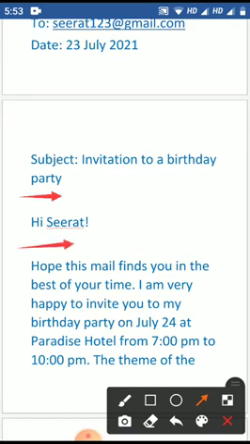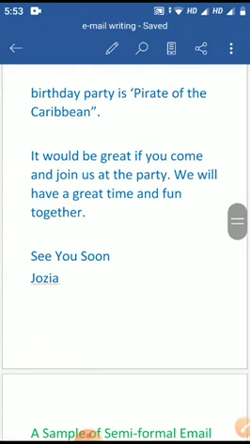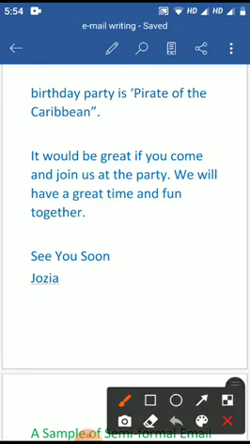Salutation, then leave space again. Then we have the main body. Main body concluded. Then we have the closing, see you soon. Here you can see there is spacing after the main body. There is spacing between the closing and the main body. Then the sender's name, no space there. Below the closing we have to write the sender's name.